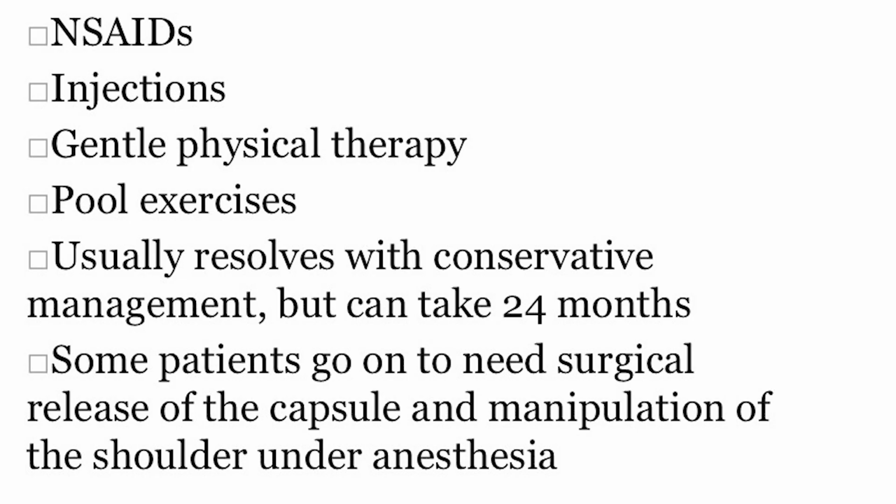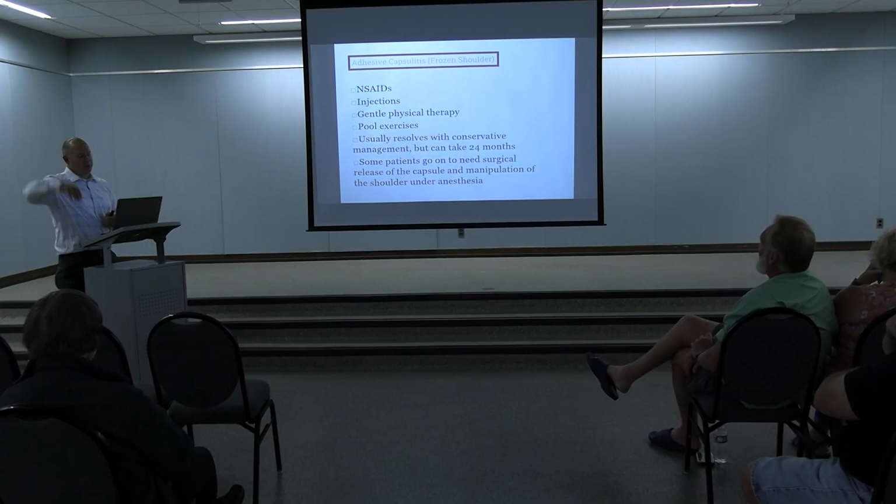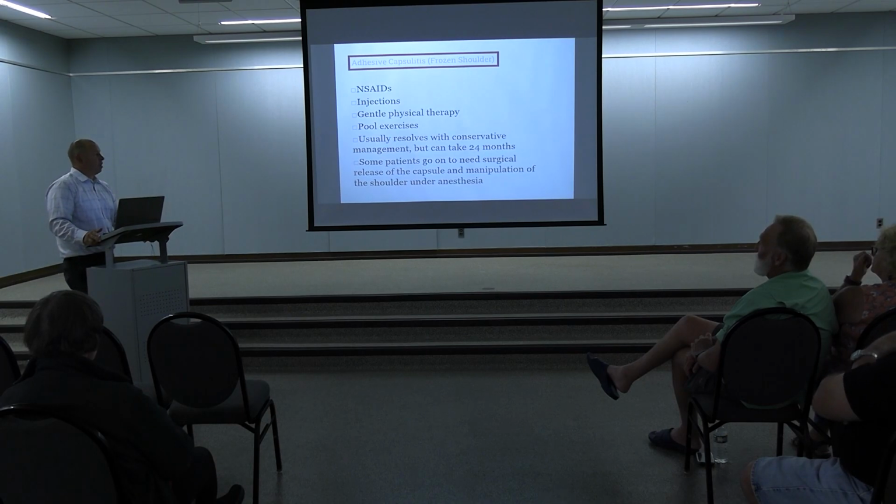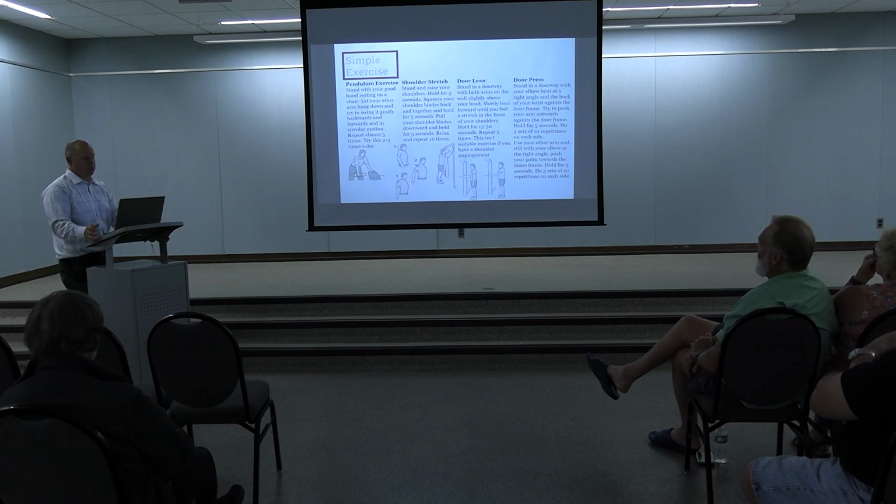Every once in a while, patients will need to undergo a surgical release of the capsule and manipulation of the shoulder under anesthesia, basically breaking up that scar tissue. So that can be quite painful, but every once in a while, it's needed.